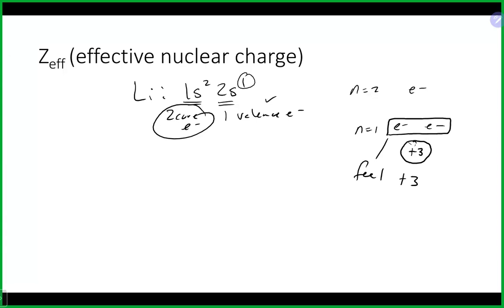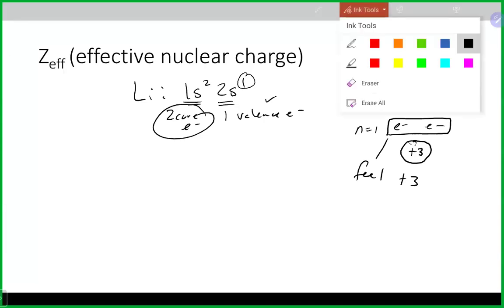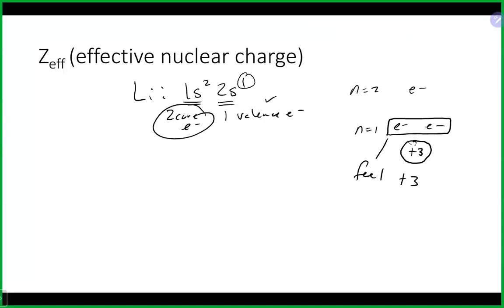Now, because our valence electron is a little higher in energy, it experiences what is known as shielding. That means it is shielded from the full brunt of the positive charge in the nucleus, and it is shielded by these lower energy electrons. These lower energy electrons are blocking the full effect of that +3 charge on the valence electron.